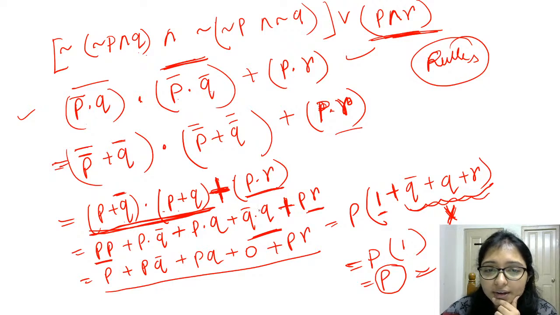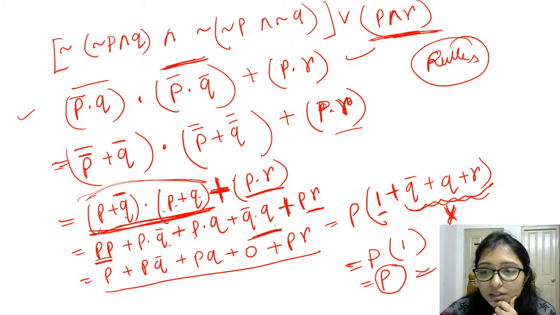PR is coming here because we are doing the multiplication only with this one. PP that is P, then PQ that is PQ bar, then PQ, then QQ bar. Now it is okay? Yes, it is plus. It was plus. Now it is okay, right?